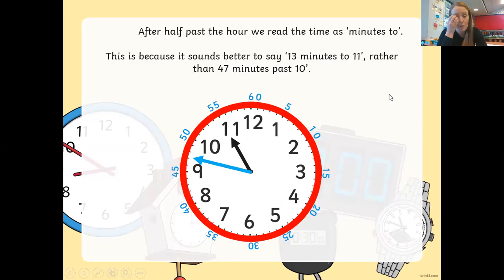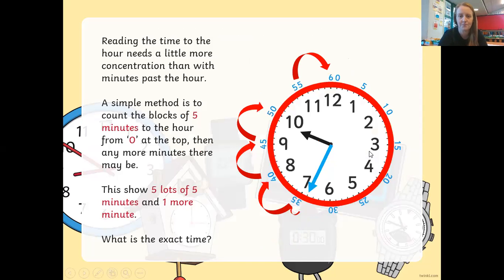So when we're writing the time from an analog clock, we need to remember that on the left-hand side of the clock, we are using the word to. How many minutes left until the next hour?